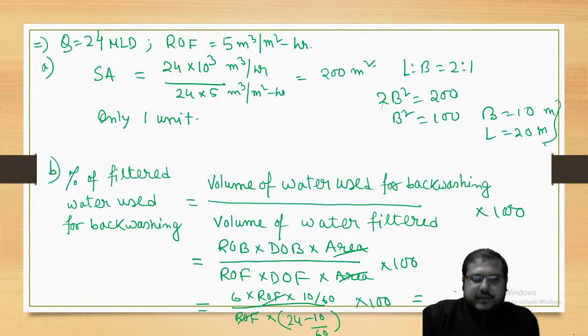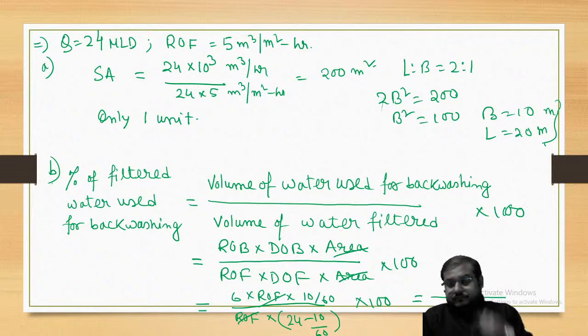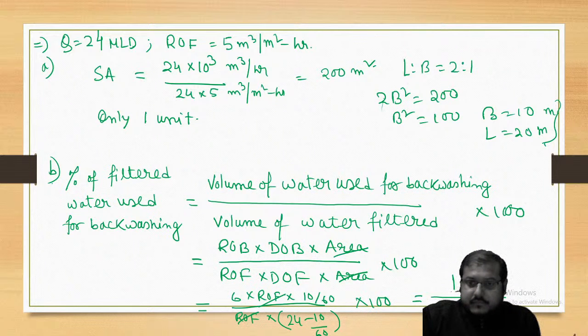So ROF is gone. So it is 6 into 10 by 60 by 24 minus 10 by 60, into 100.